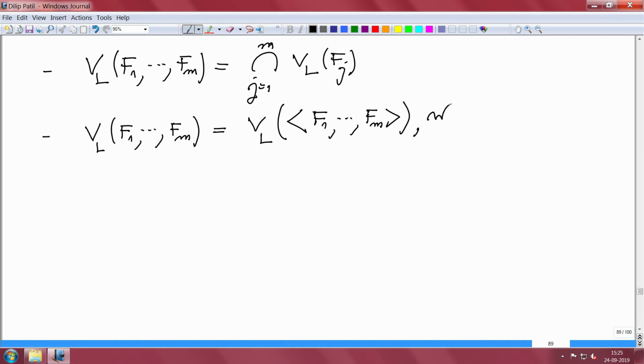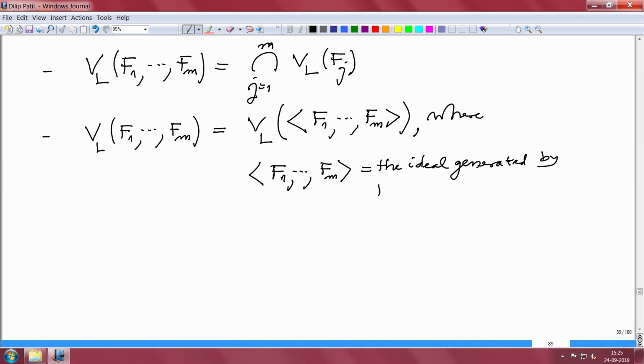So, where this f1 to fm is the ideal generated by f1 to fm in the polynomial ring over k in these n variables.